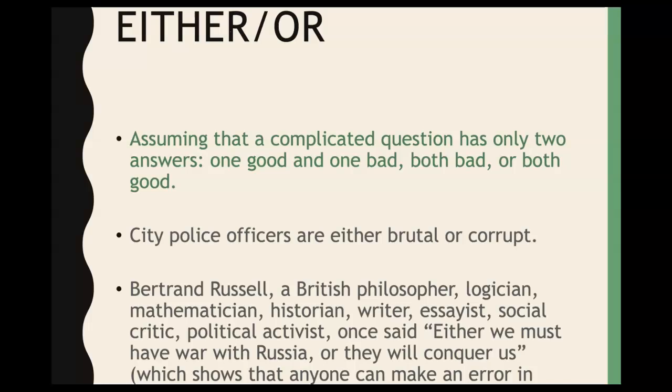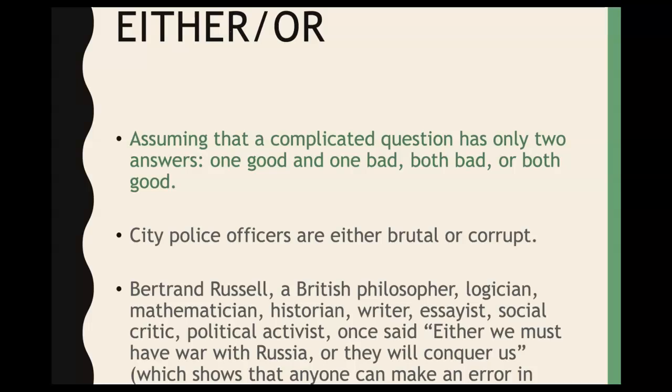Oh, you guys can't see the very bottom word, but there was a man named Bertrand Russell. He was a British philosopher and all that other stuff. He was a very learned man, very smart man. And in the 50s, he said, either we must have war with Russia or they will conquer us.